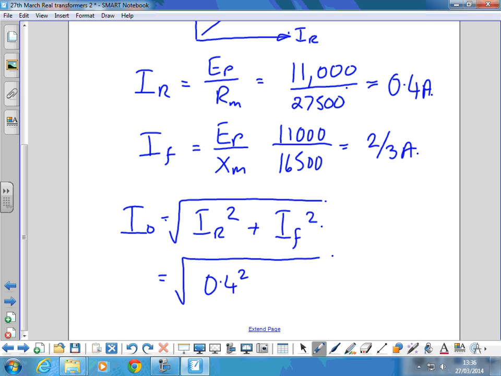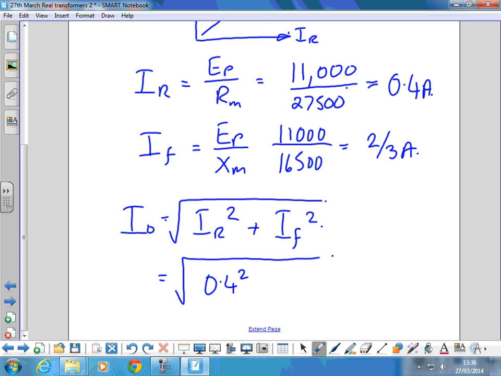But if we're only interested in the magnitude of the current, we can just do this. When you do that polar calculation on your calculator, it's doing Pythagoras to get the length of the vector and some trigonometry to work out the angle, all in one go for you.